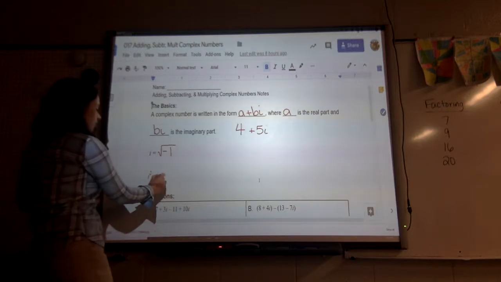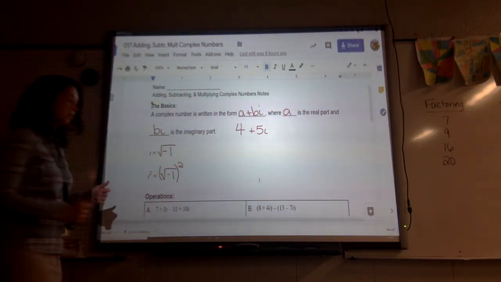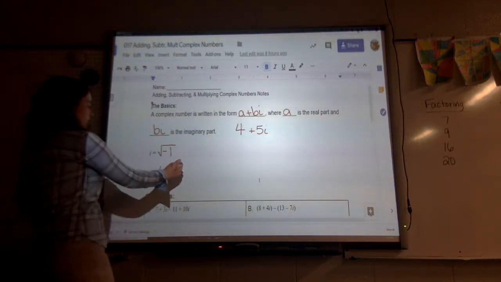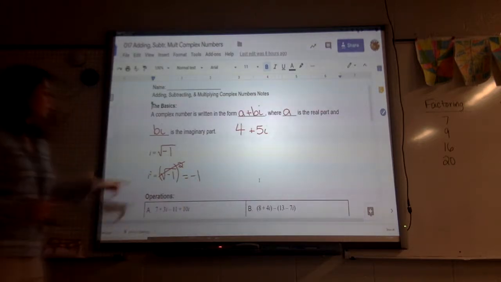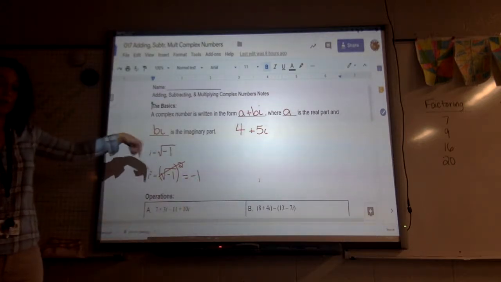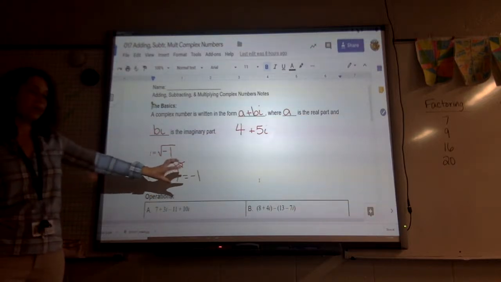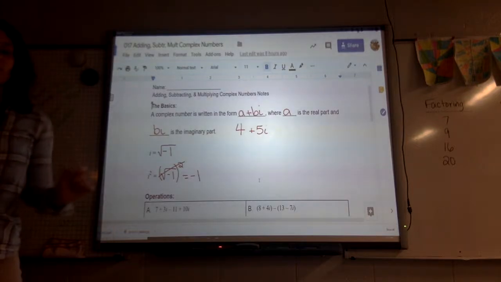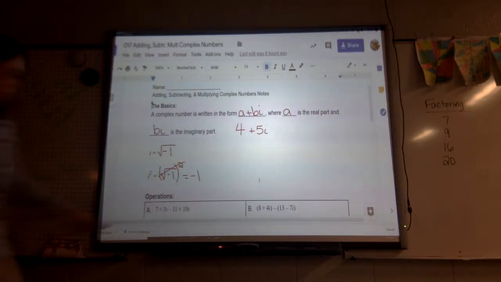If you take the square root of -1 and you square it, the square root and the square cancel each other, and all you have left is -1. So since I is the square root of -1, if I take I and square it, all I'm left with is -1. That is going to be very important when we start multiplying imaginary numbers together, so make sure you got that written down.